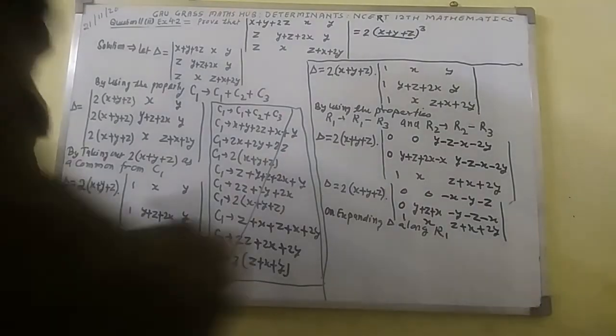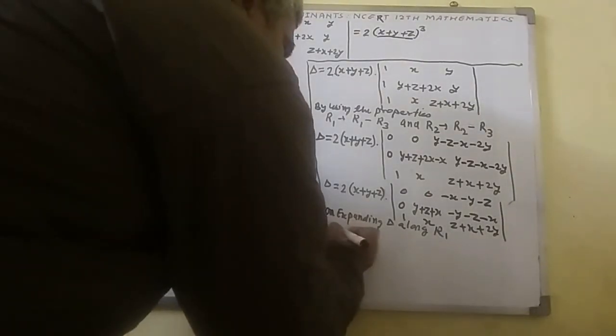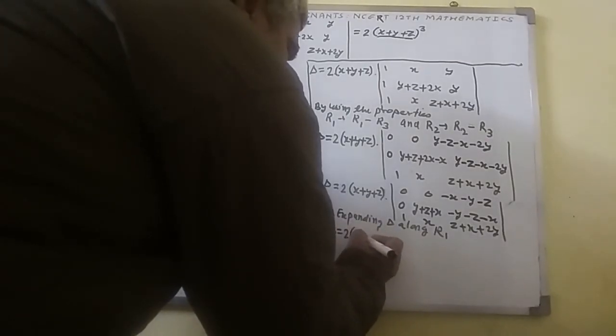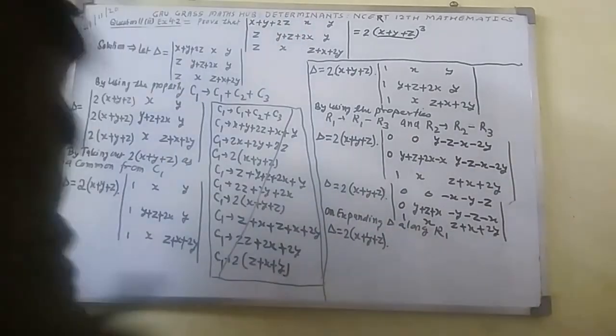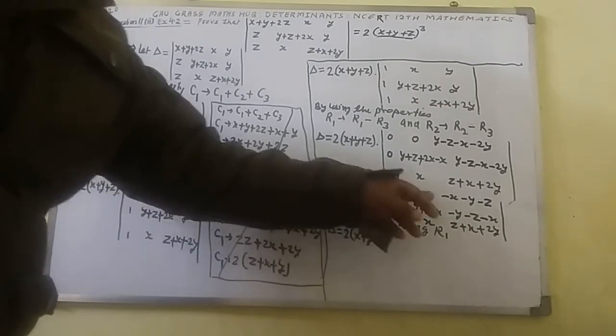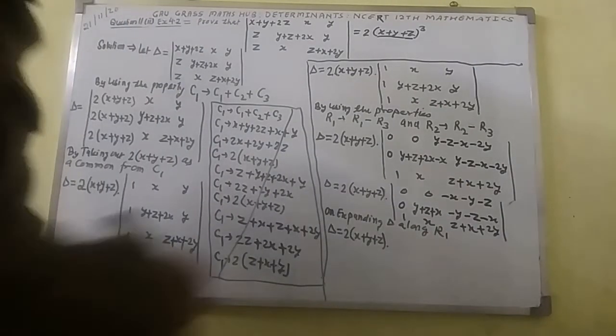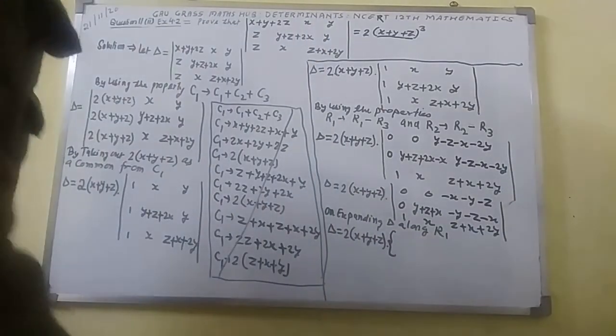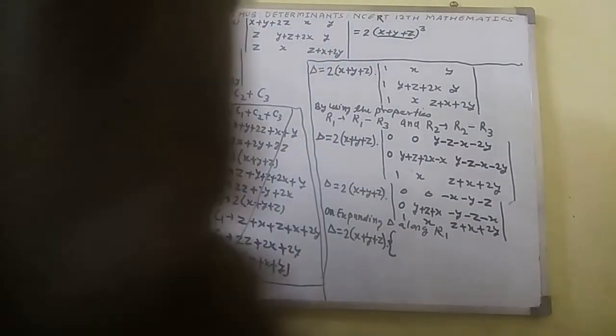So here I shall get det equal to 2x plus y plus z, and here you will get plus 0 minus 0 plus. So here I shall open a curly bracket, and plus 1 will be written to this element, minus x minus y minus z.